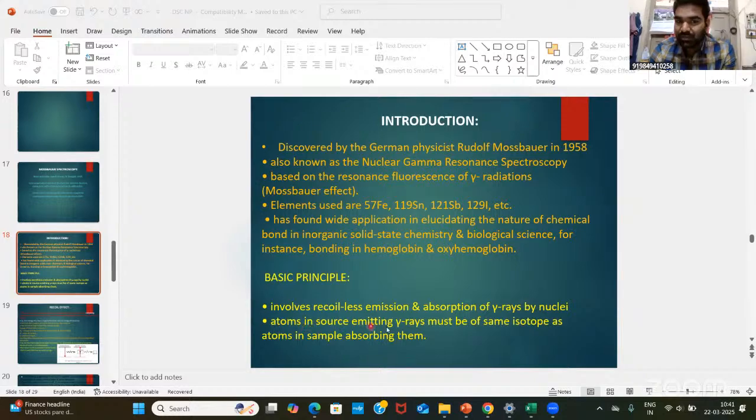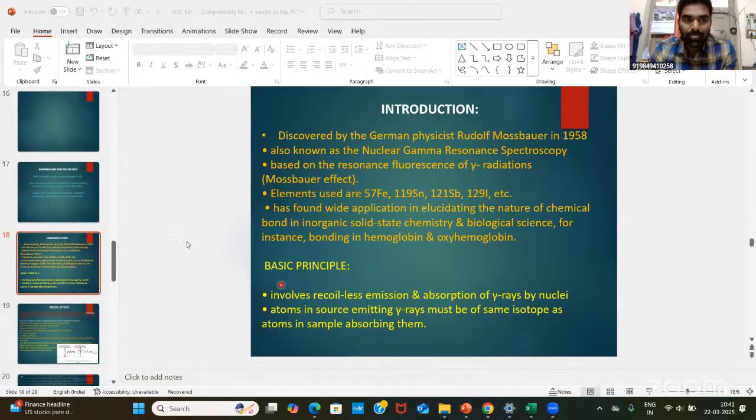The sample and source are the same here. If you consider iron, the bonds between these irons will be of the same isotopes. We'll see that.